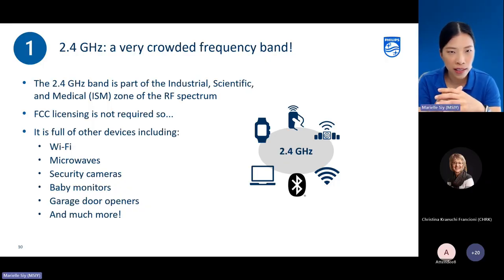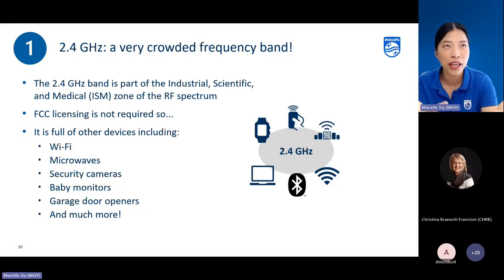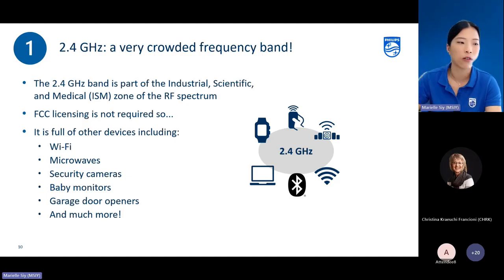And FCC licensing from the Federal Communications Commission in the US is also not required to operate in this band. So it is full of other devices, including Wi-Fi, microwaves, security cameras, baby monitors, garage door openers, and much more. This means that the interference from any of these other sources can lead to a very poor connection between the user's hearing aids and the smartphone.